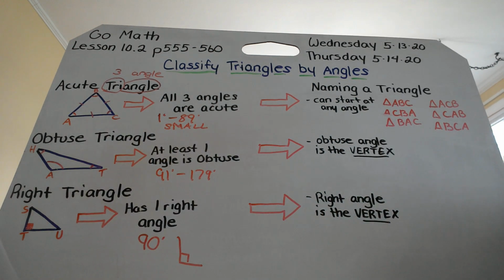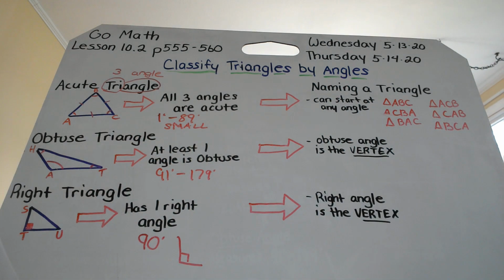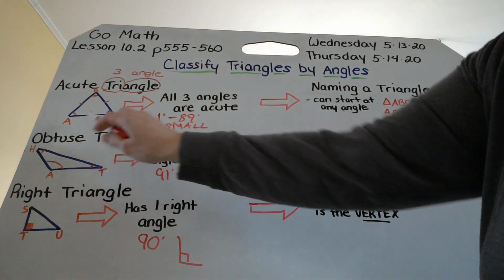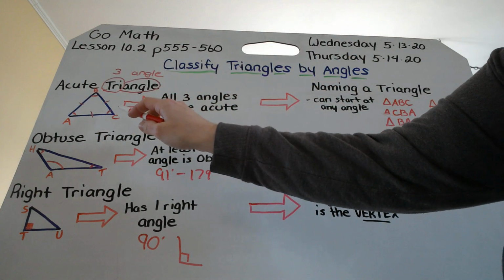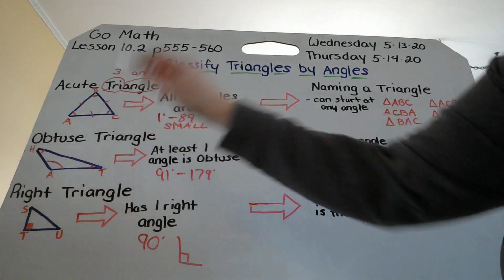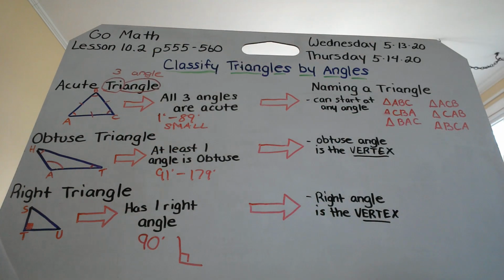So acute triangles have really 6 different ways that you can name the triangle. It doesn't matter which letter you start with. You can start with any letter, but just make sure that you have all 3 letters in there, because the name is based on the angles, and since there's 3 angles, you need those 3 letters in there.